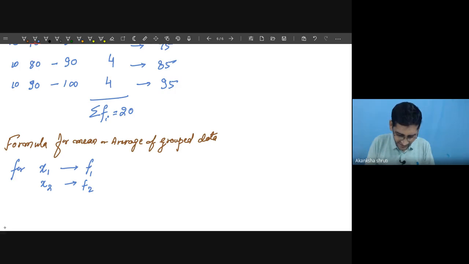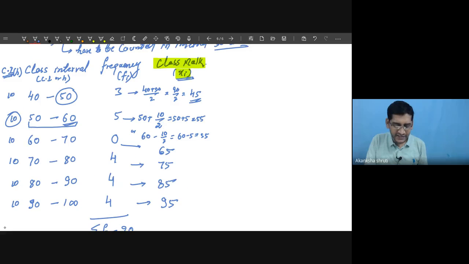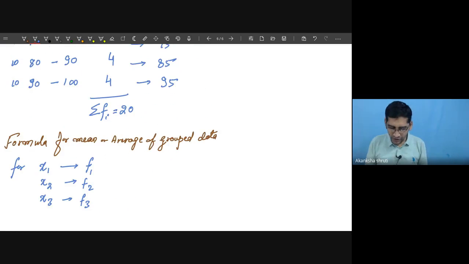x3 is occurring how many times? f3 times. Okay. So rather than taking the class interval or range, we have to understand that the class interval should be replaced by a single number called the class mark, and we observe its frequency.